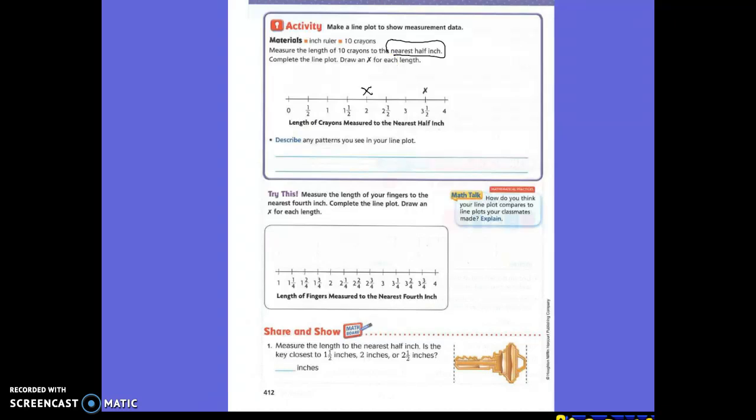What did you get, Savannah, you and Wyatt? We got 2.5. So where are we going to put it? Over the 2.5. Not just a half, it has to have 2.5. Callie, what did you get? 3. Aubrey and Carter, what did you get? 3.5. Jacob? 2.